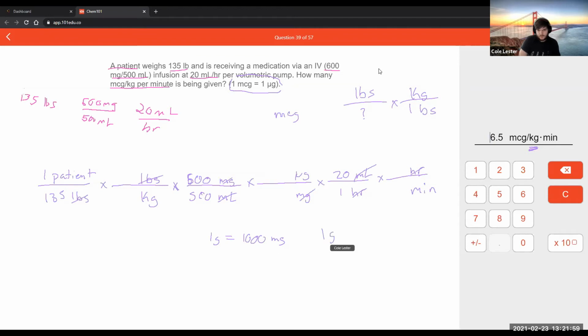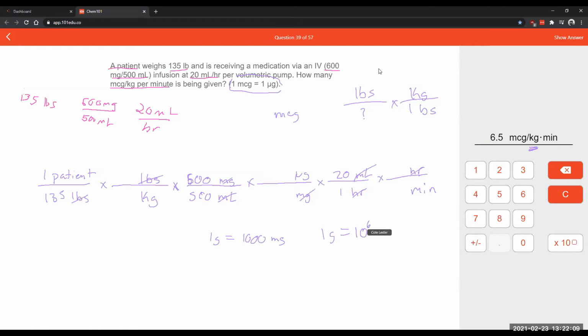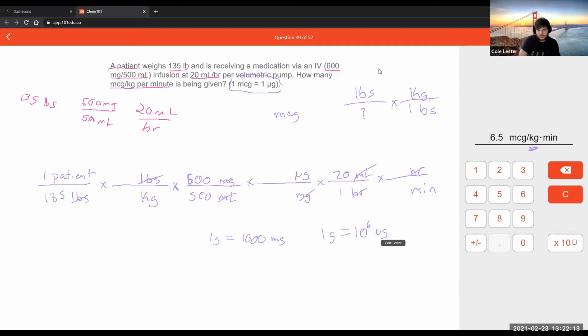Then 1 gram is equal to, it's either 10 to the 6th or 10 to the 9th micrograms. I think it's 10 to the 6th. It's a mil, right? Yeah. So 10 to the 6th micrograms. So when we're putting our conversions, we can just put these two numbers because we set them equal to the right thing. So we can just put 10 to the 6th and 1,000.